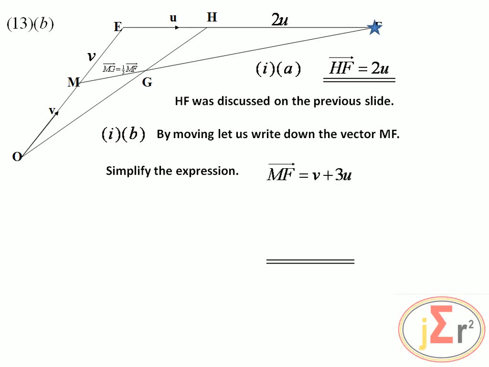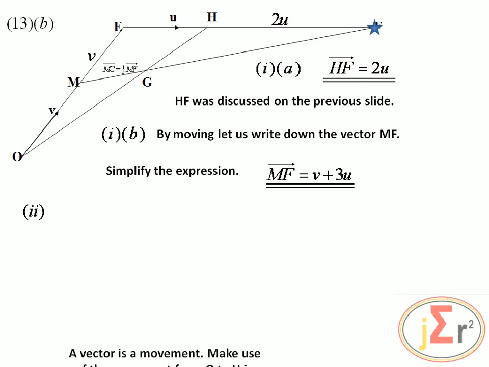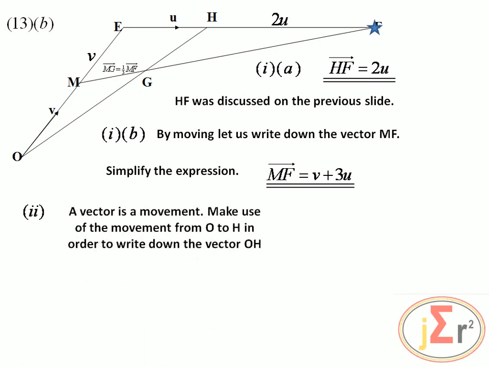Is there another very nice and simple vector that we need to find? A vector is a movement. Make use of the movement from O to H in order to write down the vector OH.